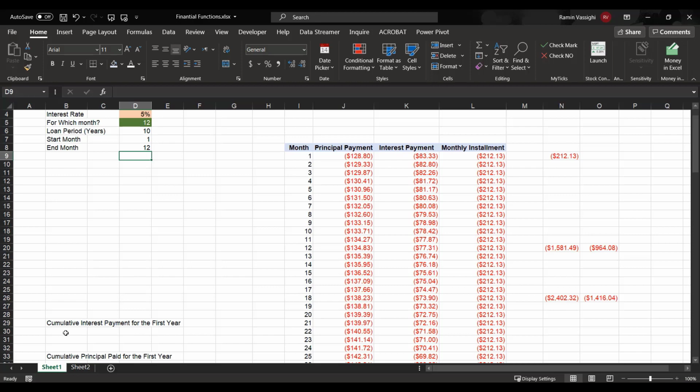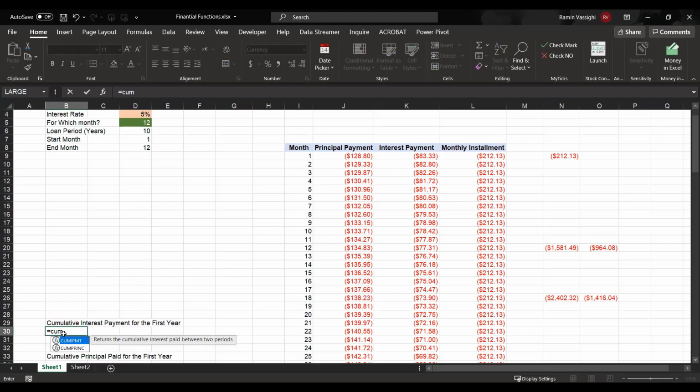And the formula for that one is equal sign, cumulative interest payment, the rate will be 5% divided by 12, comma. The number of payments in this case is 10 multiplied by 12, which is 120.